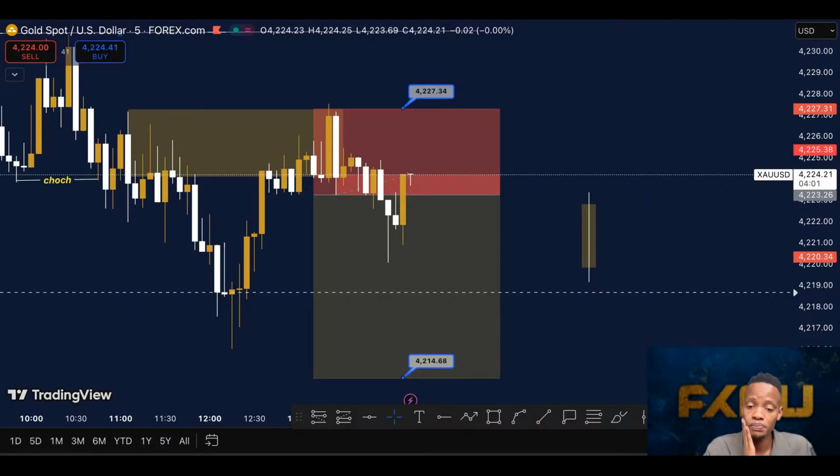We haven't set PE yet. This alert hasn't triggered, so we need to wait. Actually, trading is a game of waiting, patience. So we wait and see how the trade plays out.